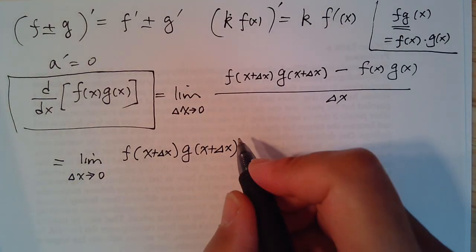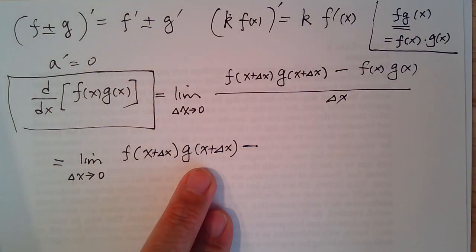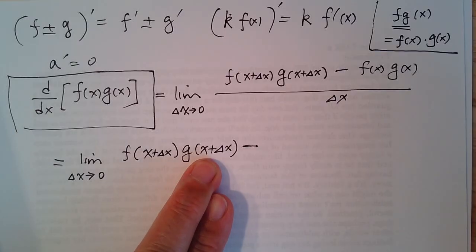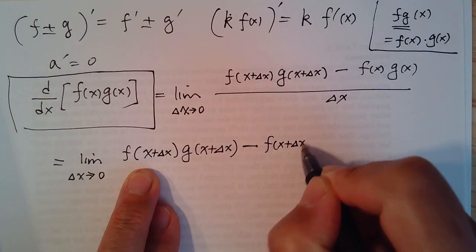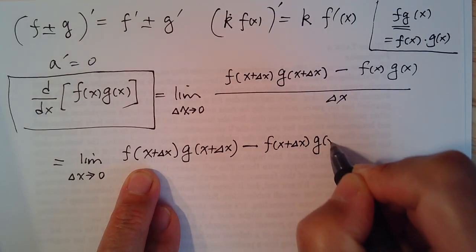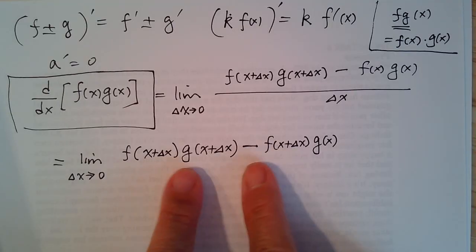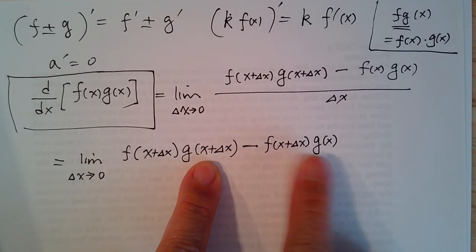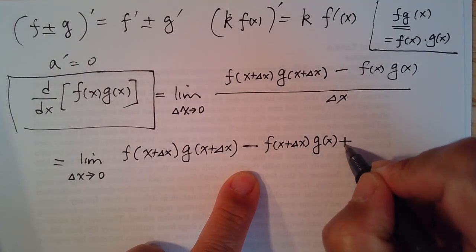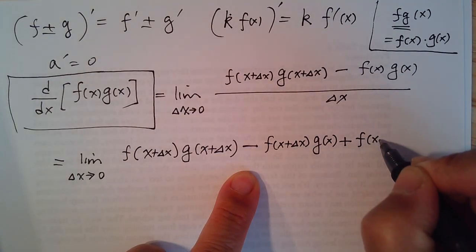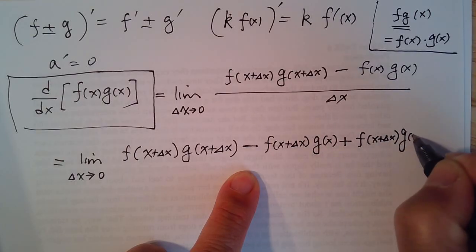If I minus this g of x, so I want this one, f of x plus delta x, g of x. Later if I combine these two terms, then I will have g of x plus delta x minus g of x, right? So do you see that? I minus a term, then I add the term, so I'm not changing the value, okay?